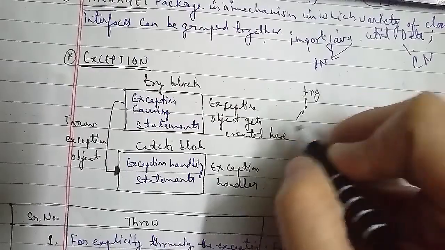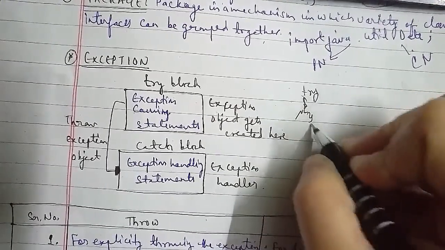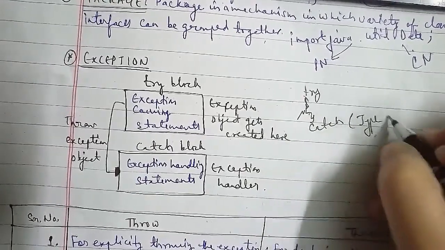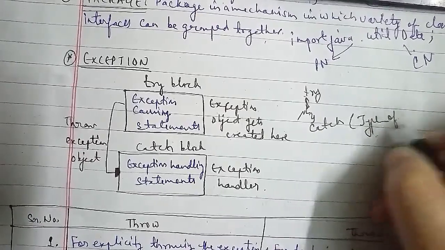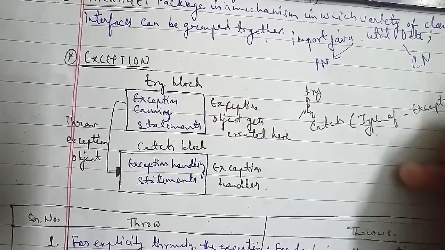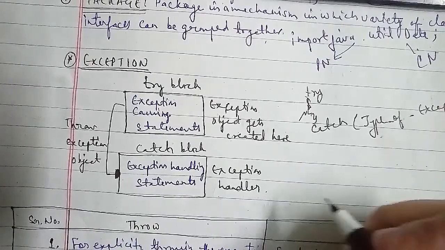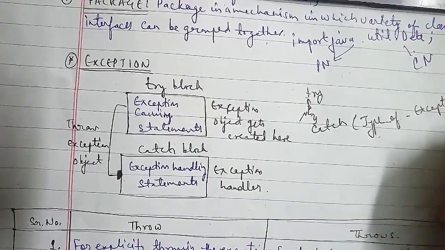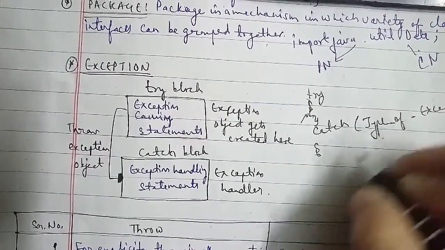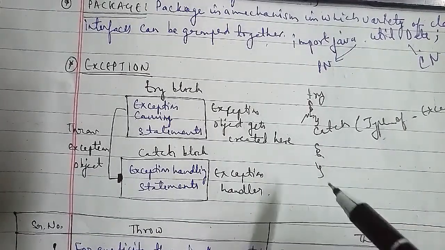Catch, type of exception, we can just write exception e, then start bracket. This is where the exception is handled, close the bracket. So this is a sort of program for the exception. If any one statement in the try block generates the exception, then the remaining statements are skipped and the control is transferred to the catch statement as well.